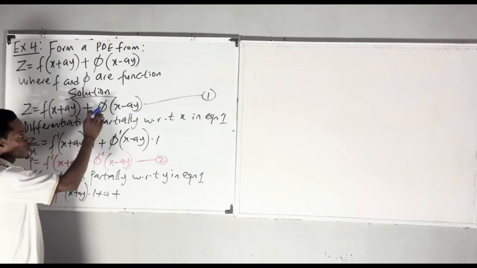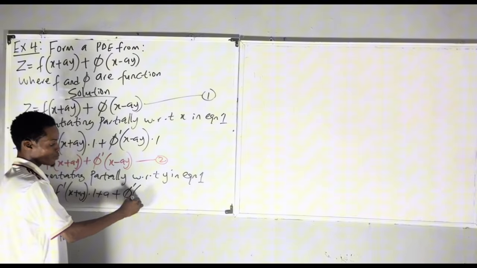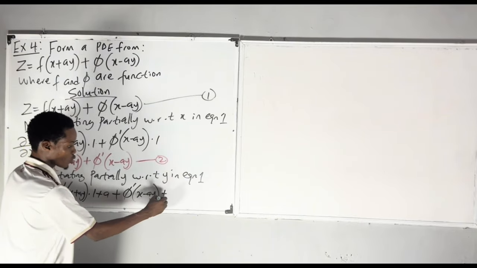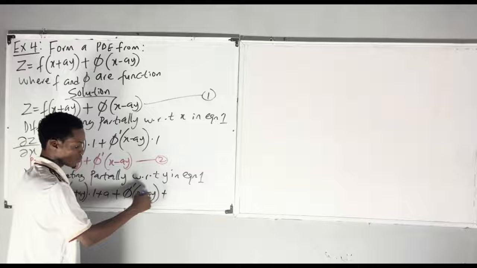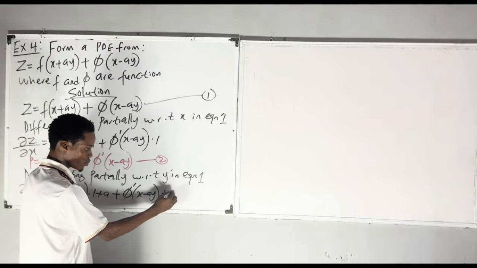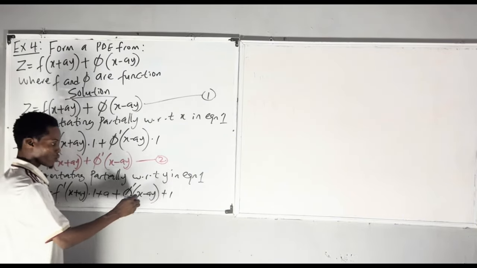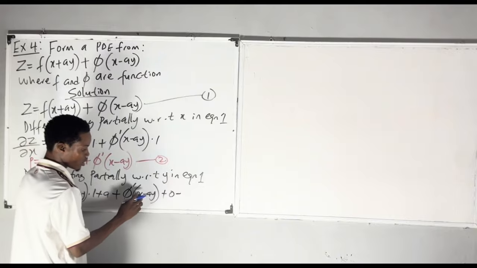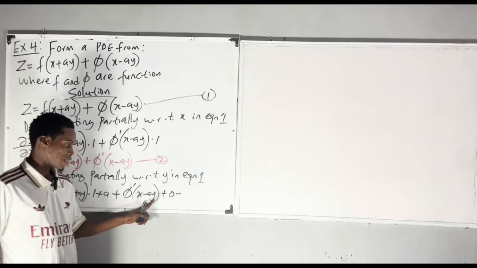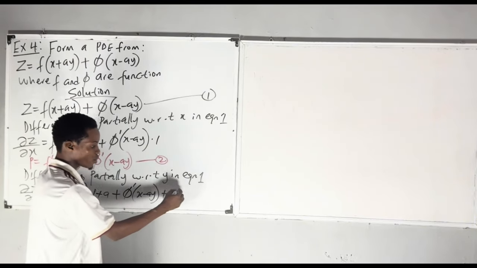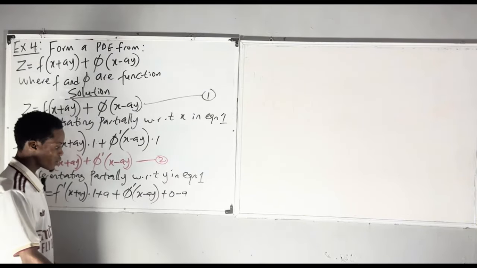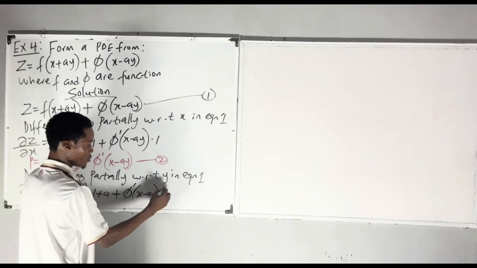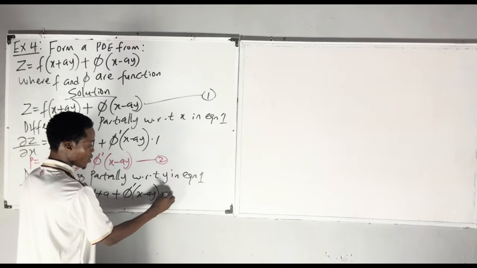Plus, take the second one, phi prime of x minus ay, multiplied by the derivative of what is inside the bracket with respect to y. If I differentiate x, I'm going to have 0, minus. If I differentiate ay, differentiating y gives 1, and 1 times a gives minus a. So 0 minus a is minus a.